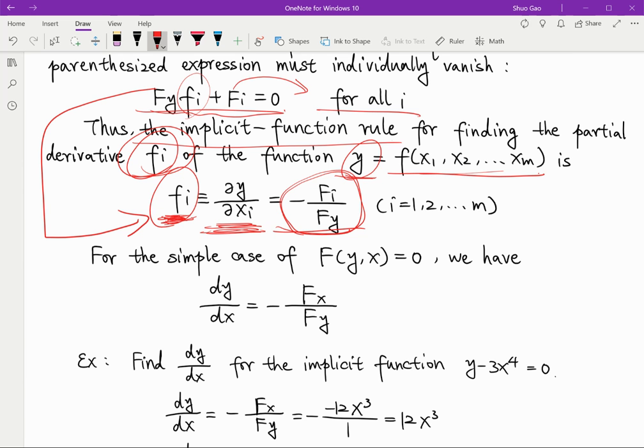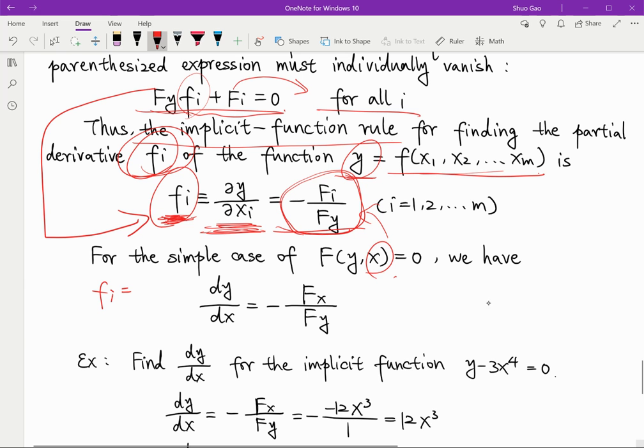For example, if we only have one independent variable, x, the implicit expression is big F(y, x) equals 0. We can use the equation and we find dy over dx. Here f_i is just the derivative of y with respect to x.